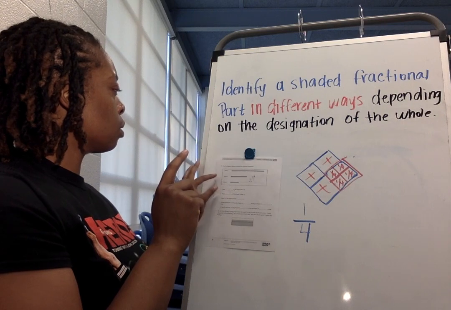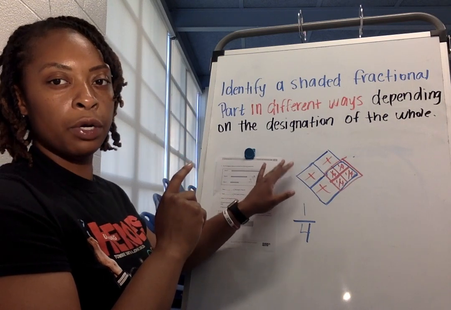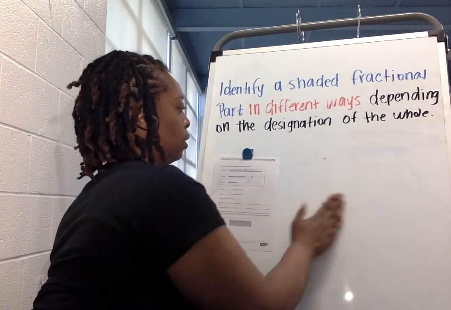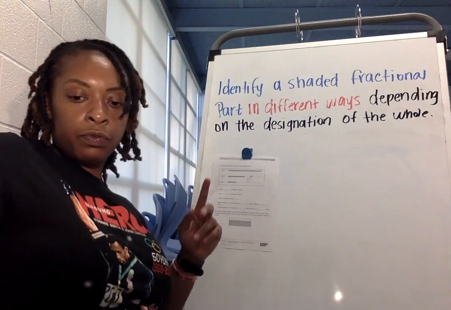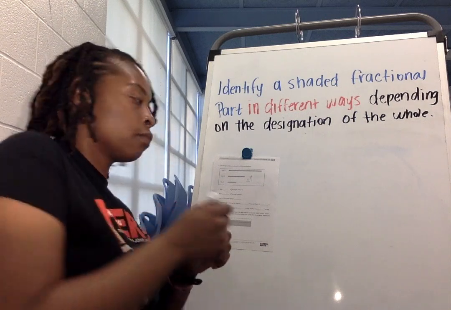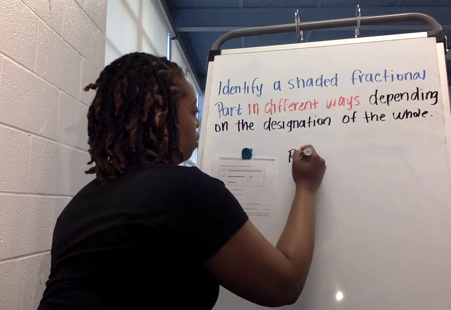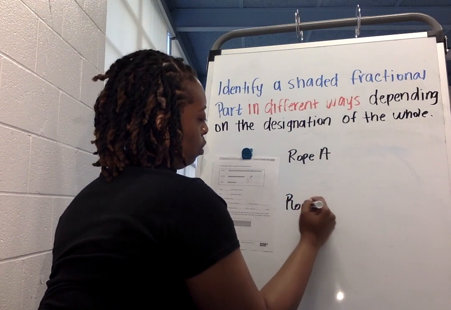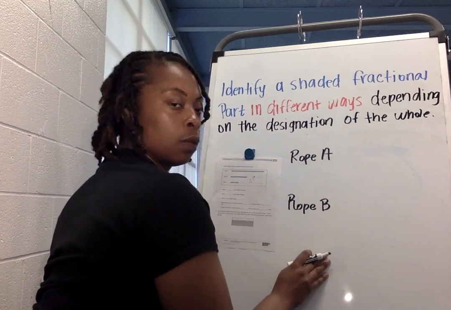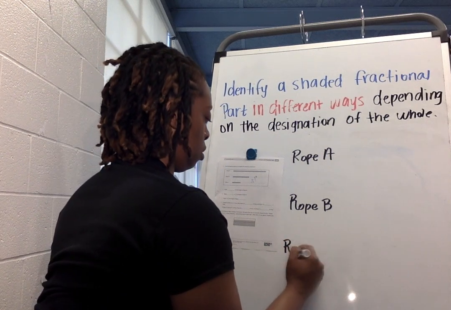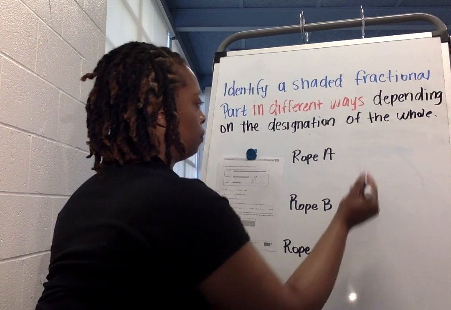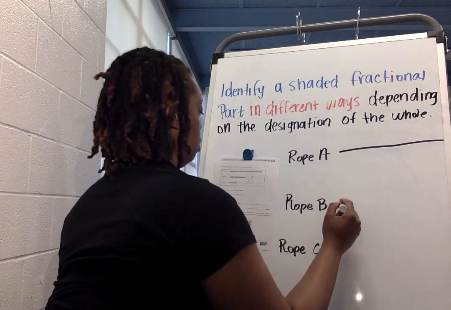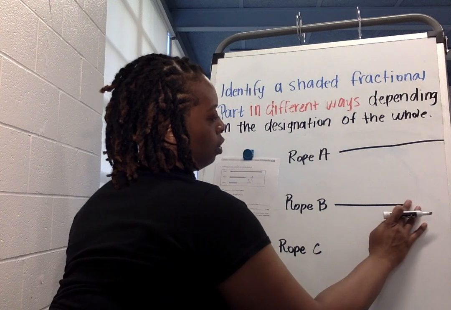I am going to draw the ropes here on the board so you could get a better idea of what I'm drawing and what I'm saying. So give me 1 second. Let me draw these ropes for you. You have rope A, rope B, and rope C. Okay. So here's rope A. Rope B is here.